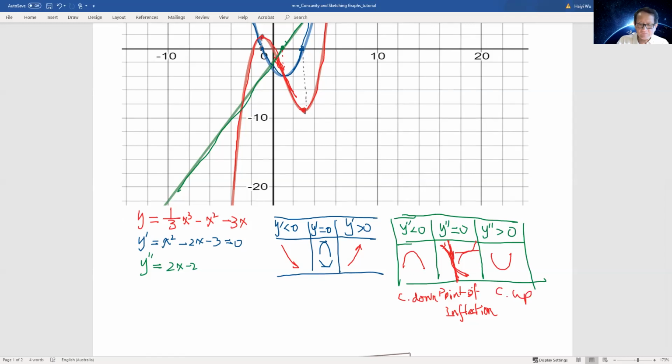So this is a maximum turning point. Concave down is a maximum, and concave up is a minimum. So you can see when I decide the second derivative, we can actually decide whether the graph has achieved the maximum stationary point or minimum stationary point.